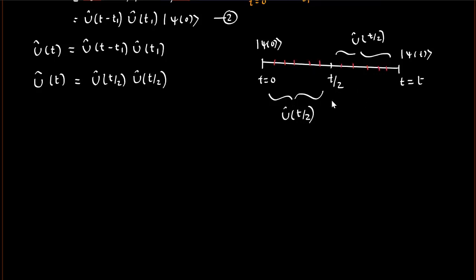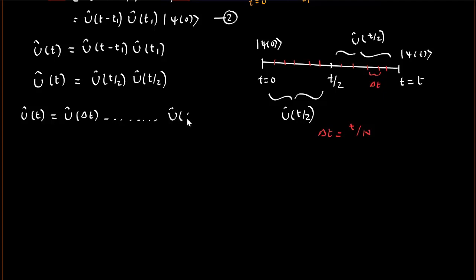So when I divide this time into n equal parts, each equal part has some time, that is delta t. Then I can write our original evolution operator like this, right? U of delta t, or simply U of t by n, and it is n times, right?